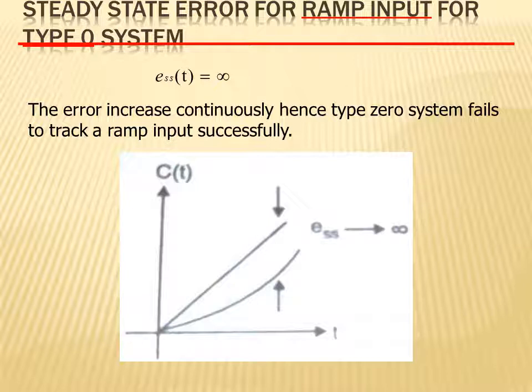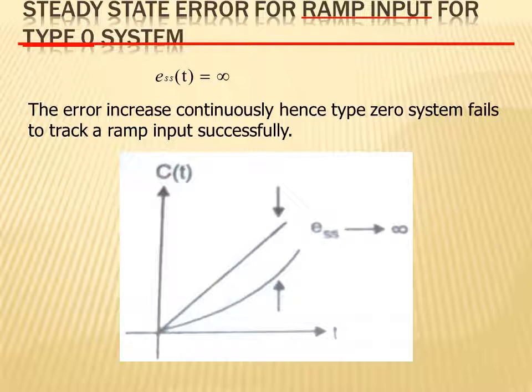The steady state error for ramp input for the type 0 system is infinity. And it is shown graphically here. Here the error increases continuously, hence type 0 system fails to track a ramp input successfully. So you can see this.